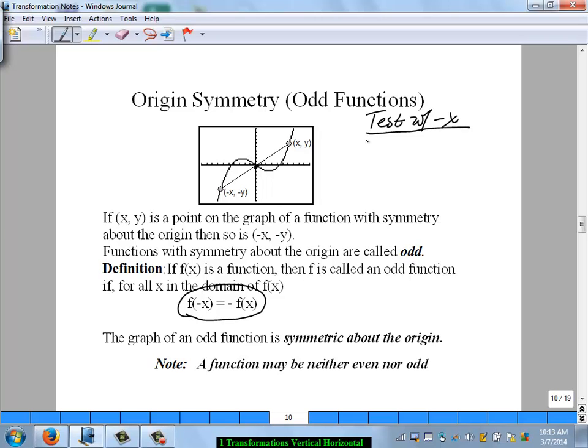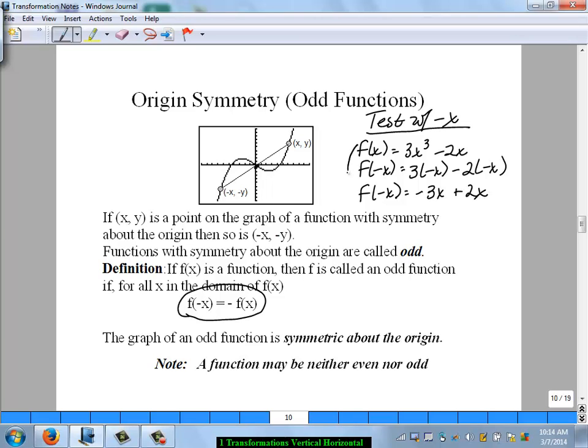So if I had f of x equals 3x cubed minus 2x, if I test that with a negative x, so I put a negative x right in that spot, if what I get back is totally opposite, then it's odd symmetry. It's an odd function. So it's negative 3x cubed plus 2x. Do you see how this function and that function, all their signs are opposite?